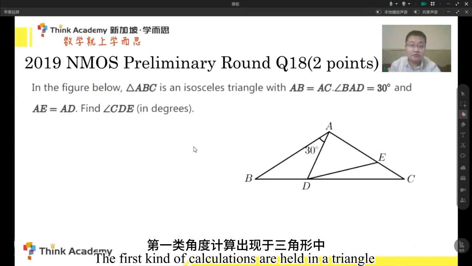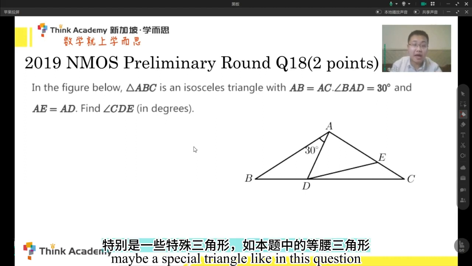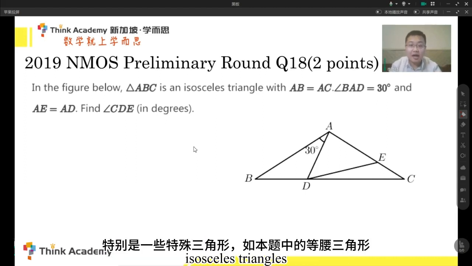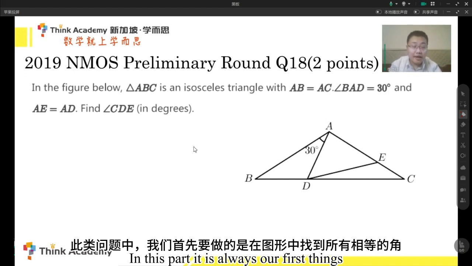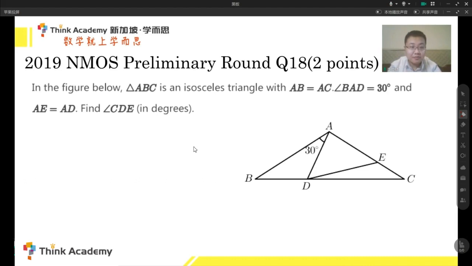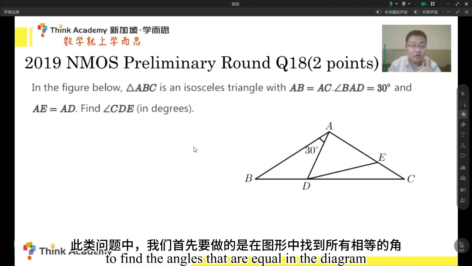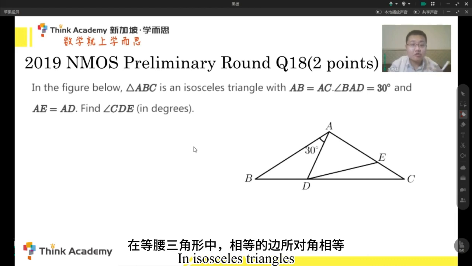The first kind of calculations are held in a triangle, maybe a special triangle like in these questions, isosceles triangles. In this part, it is always our first thing to find the angles that are equal in the diagram. In isosceles triangles, the equal sides define the equal angles.